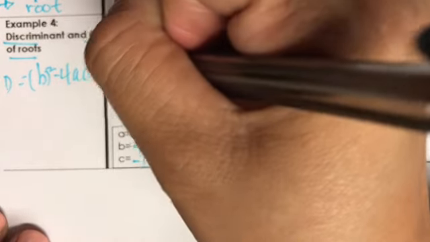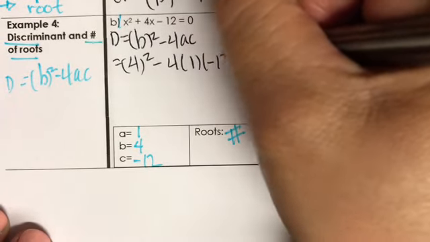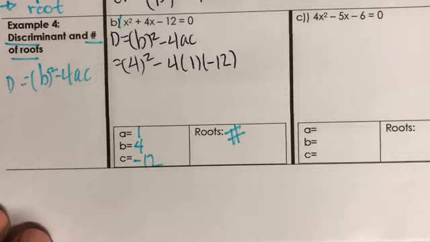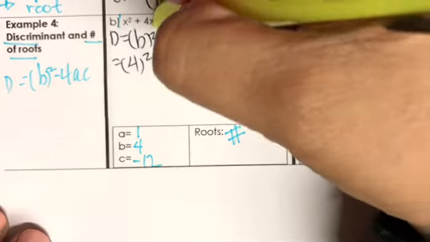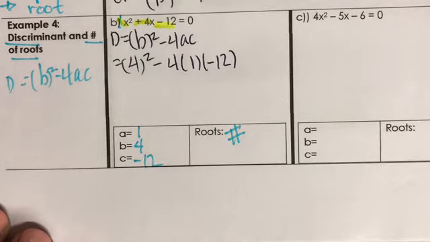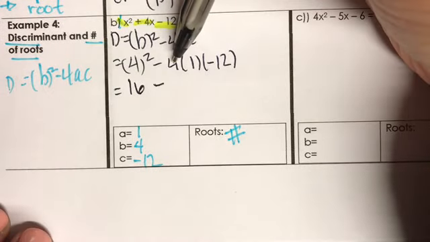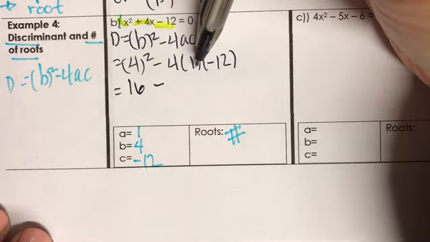So that equals 4 squared minus 4 times 1 times negative 12. It takes the sign of what's in front of it. So I get 16 minus negative 4 times 1 is negative 4.